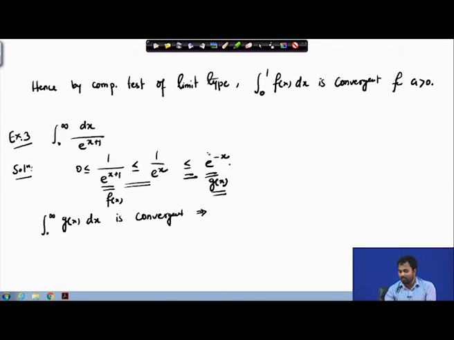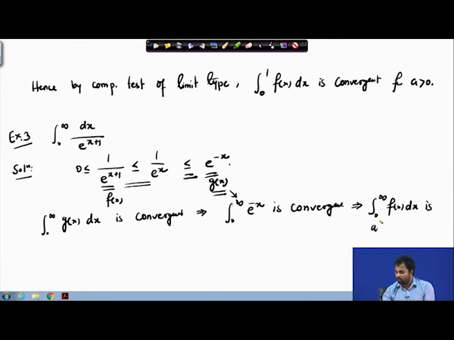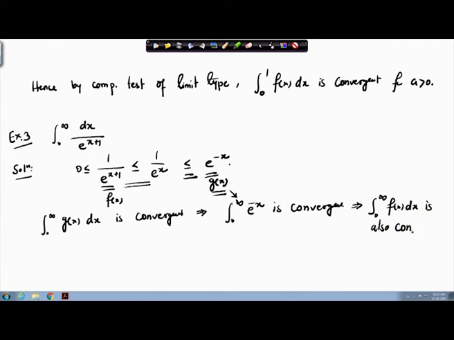If this integral is convergent, then from the comparison test of inequality type we can write that the given integral is also convergent. So, we handle examples of this type.